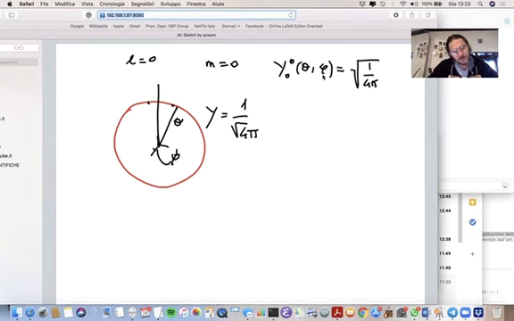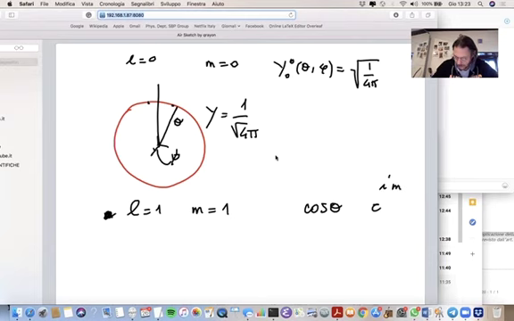However, if I look at the other solutions, you get the dependency on both theta and phi in general. And if you look at L equal 1 and M equal 1, you get a dependence on theta through cos theta and a dependence on M through a phase, phi.